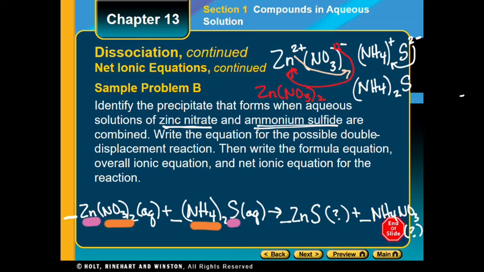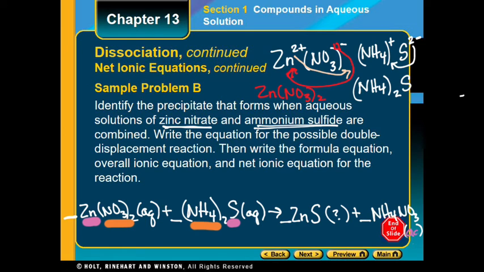So ammonium nitrate, I am looking back at my solubility guidelines, or solubility rules, figure 1.3. And I see that rule 1 says ammonium compounds are soluble. Well, that means the NH4NO3 has to be in aqueous solution.